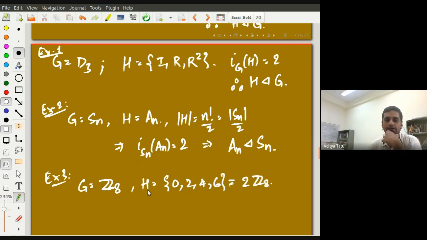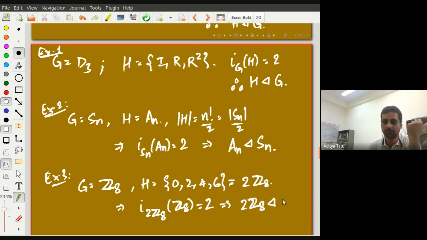Again, the order of H is 4, so therefore the index of 2Z8 in the group Z8 is 2, which implies 2Z8 is a normal subgroup of Z8. So you can see that even though it looks like a very small result, it gives us a lot of nice normal subgroups.